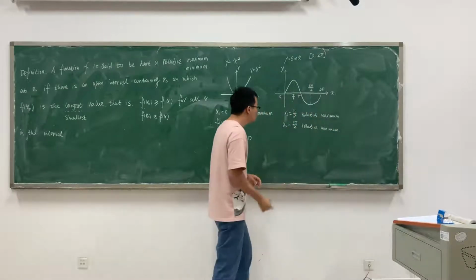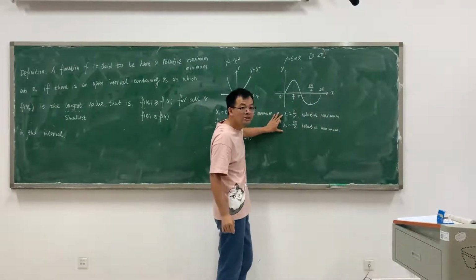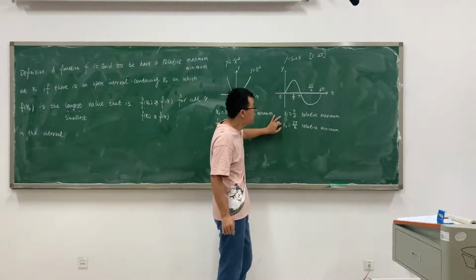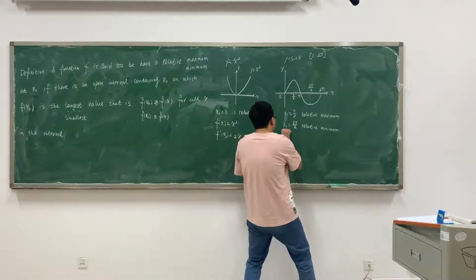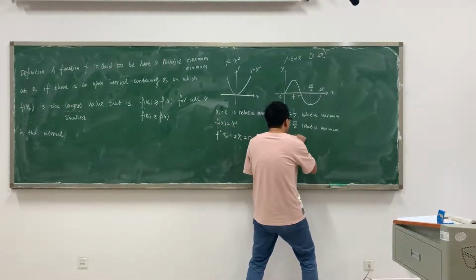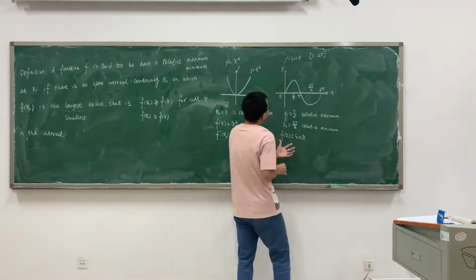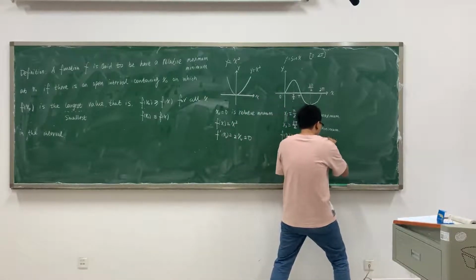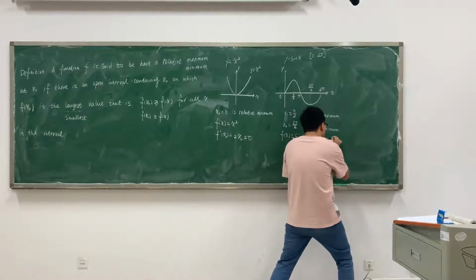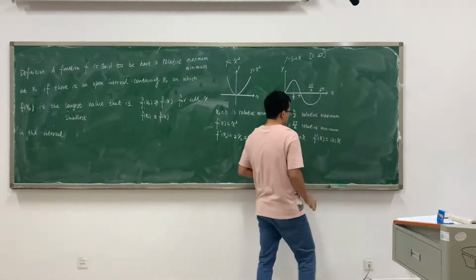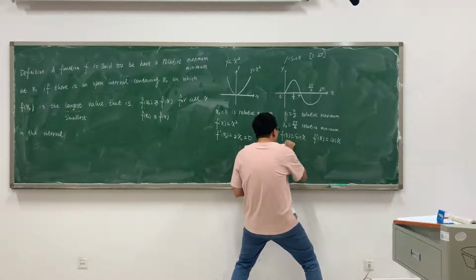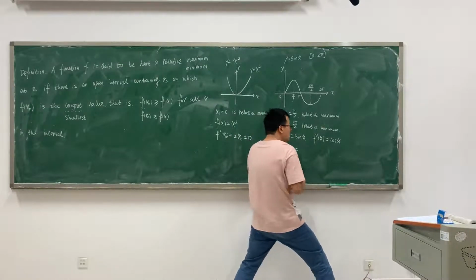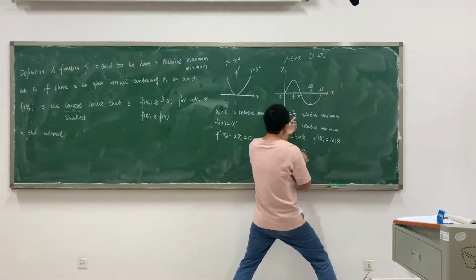Now let's see the derivative at these 2 points. Okay. So f(x) equal to sin x. So f prime equal to what? f prime equal to cosine x. Now let's see f prime of x1 equal to what? f prime of x1 actually is cosine 1/2 pi.